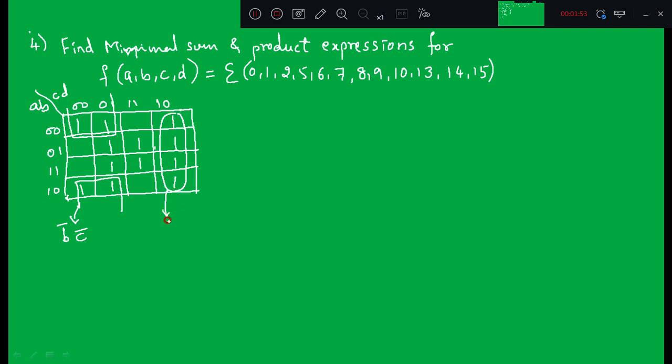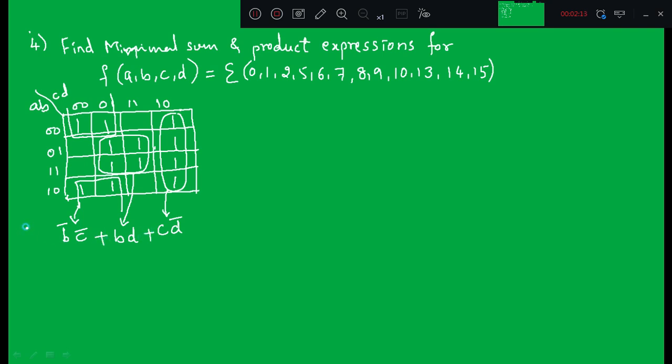What is the expression for this? It is c d bar. Then the left 4 min terms can be put in one group. So what is the expression for this? It is b and d, right?